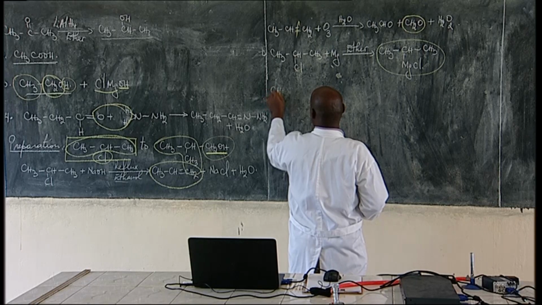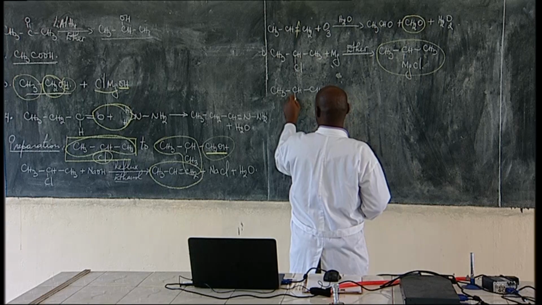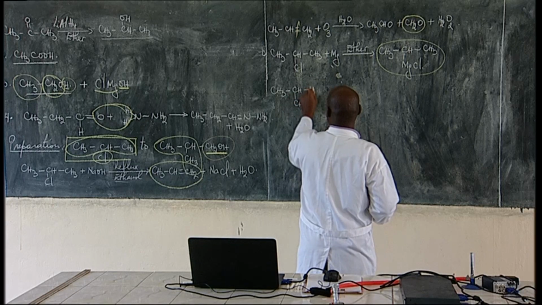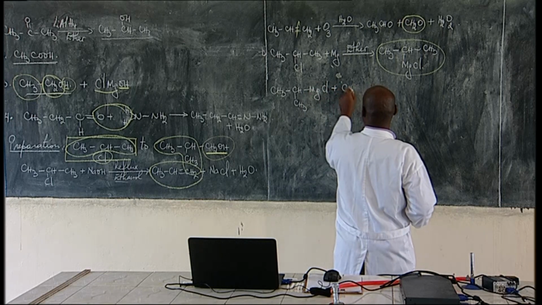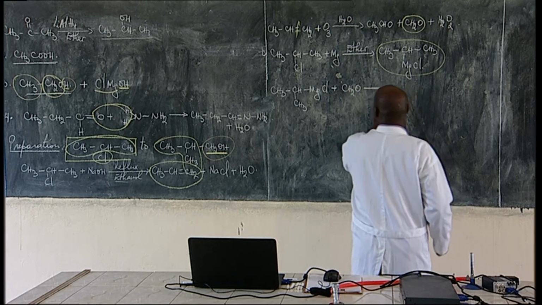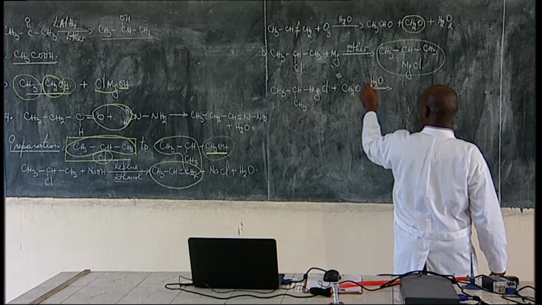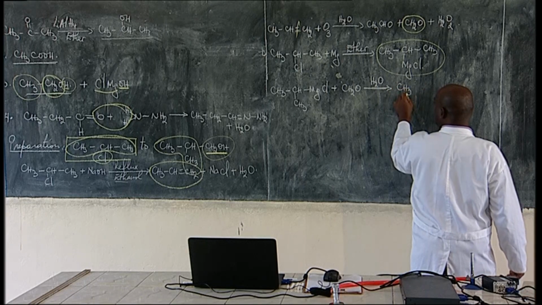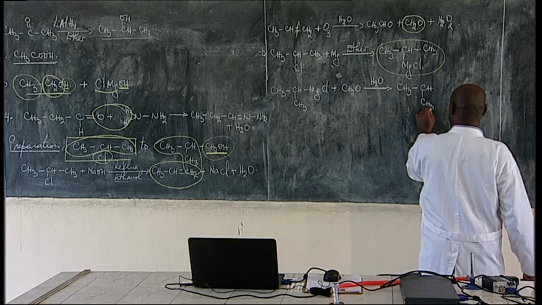So we have CH3CH(CH3)MgCl reacting with CH2O, and if we carry this out in the presence of water, we can immediately get CH3CH(CH3).